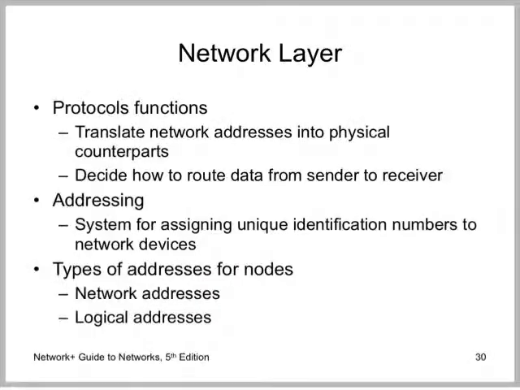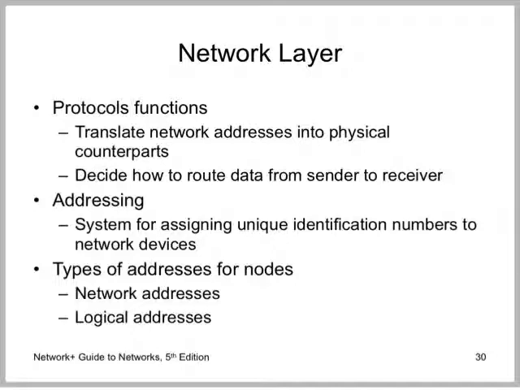So the network, and then we go right into the network layer. We just left transport, we're now at network. The protocols here transport or translate a network address into physical counterparts. It decides on this network layer how to route the data from sender to receiver. Addressing is a system for assigning unique numbers to the network devices.